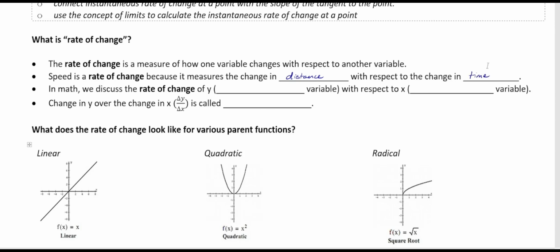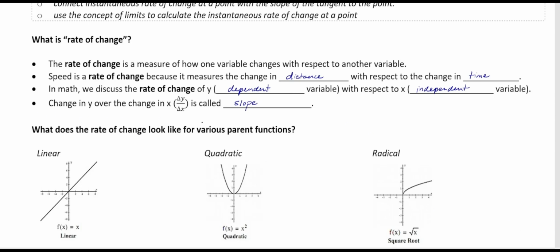In math, we discuss the rate of change of y, which is our dependent variable, with respect to x, which is our independent variable. Change in y over the change in x, so delta y over delta x, is called slope.